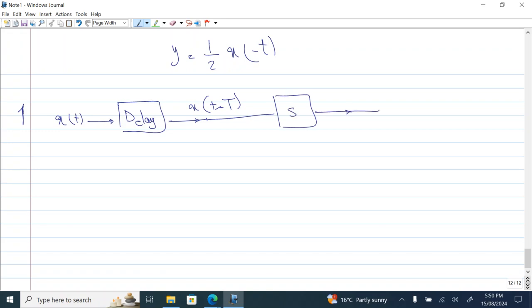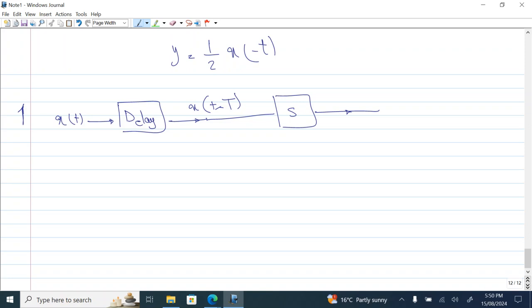And then the output will be? That's correct.